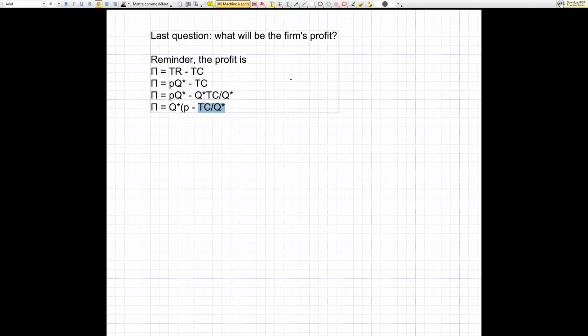And what is total cost divided by Q star? It's average total cost, or total average cost. I don't know how you say that. All right, so ATC is average total cost.